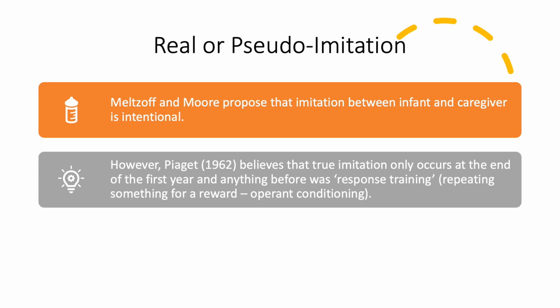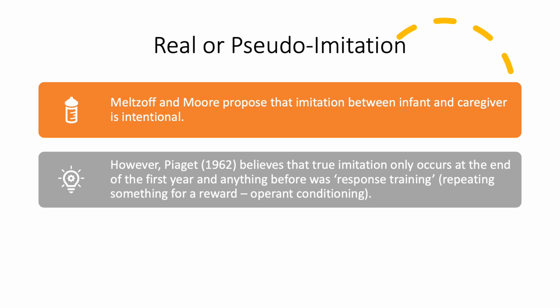However, Piaget says that true imitation only occurs at the end of the first year, and anything before that is something he called response training. So he believed that babies repeat a certain behaviour for a reward. So it's basic operant conditioning.